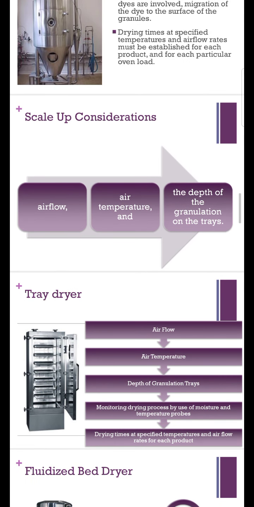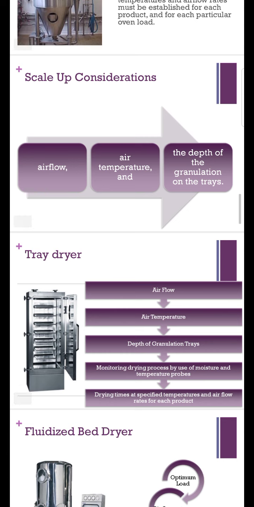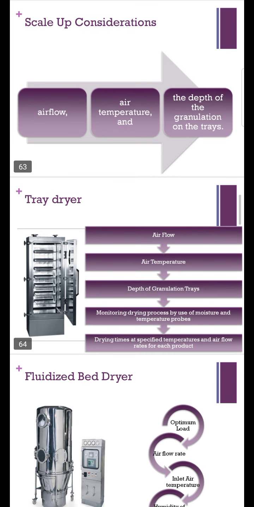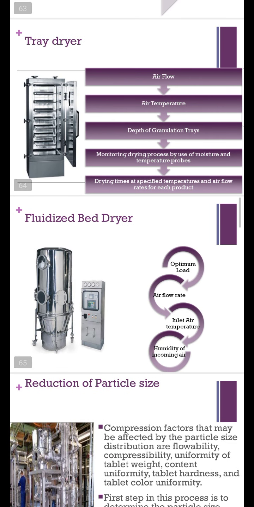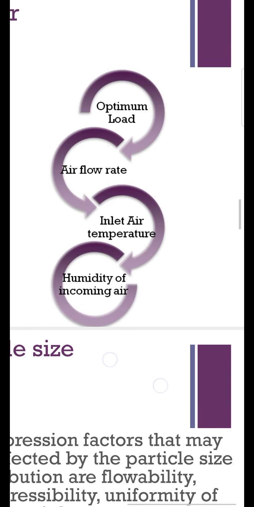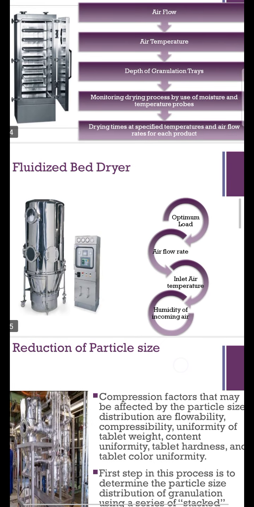Suppose you are going to use a tray dryer, then airflow, air temperature, depth of the tray, then monitoring the process by use of moisture and temperature probe, then drying time at that specified airflow, all these are critical to be considered. And last is the fluidized bed dryer.